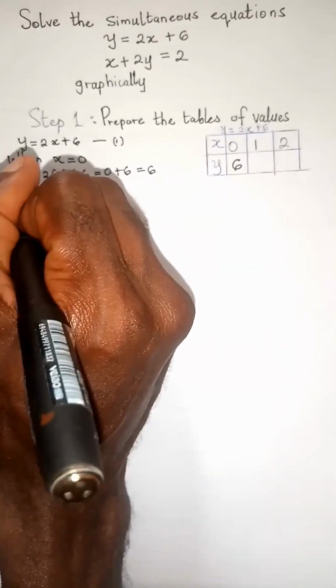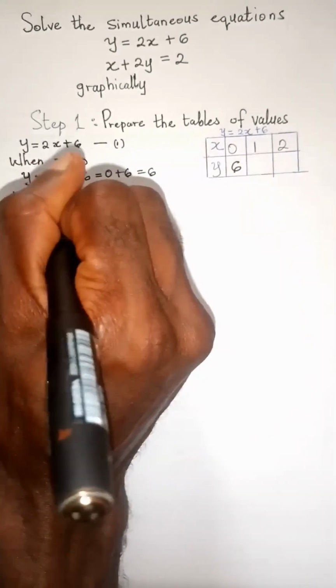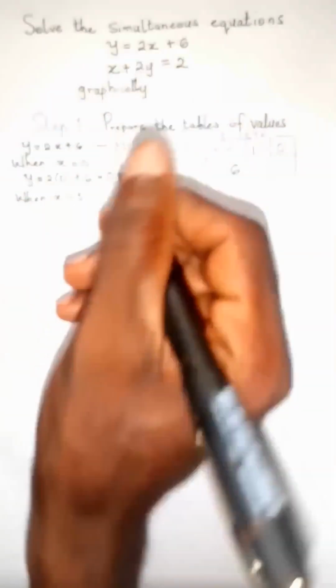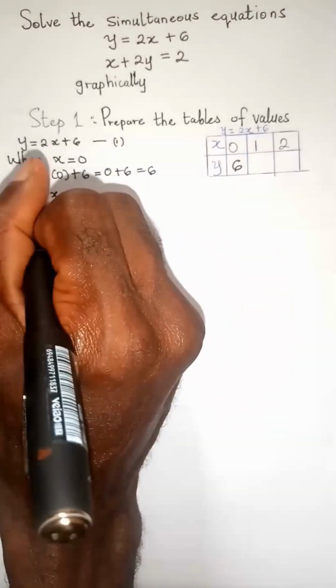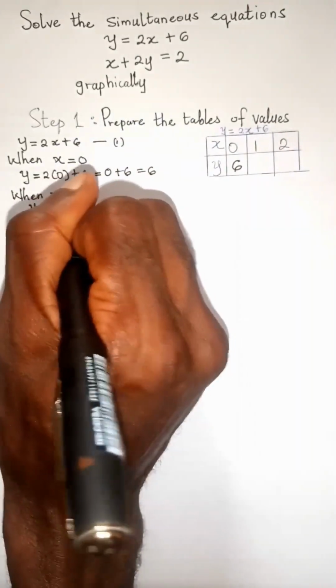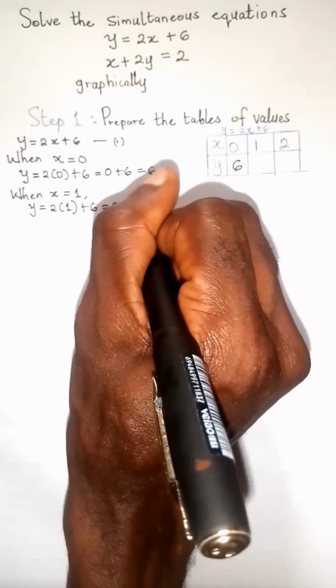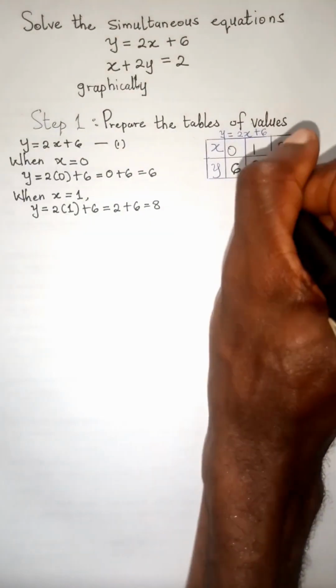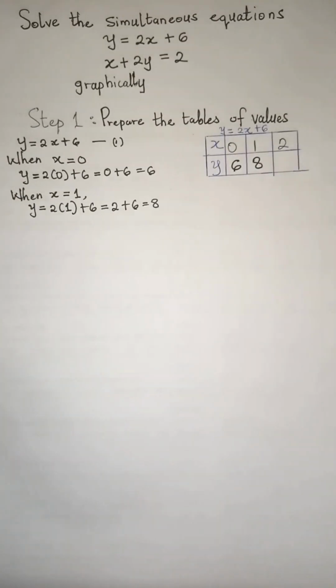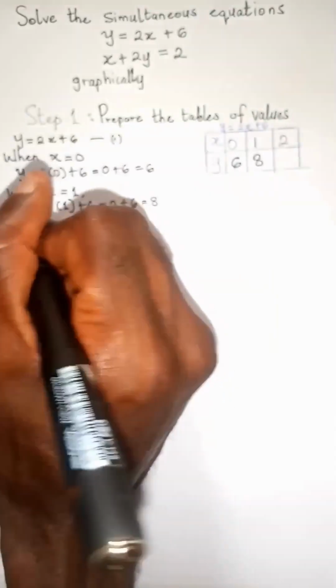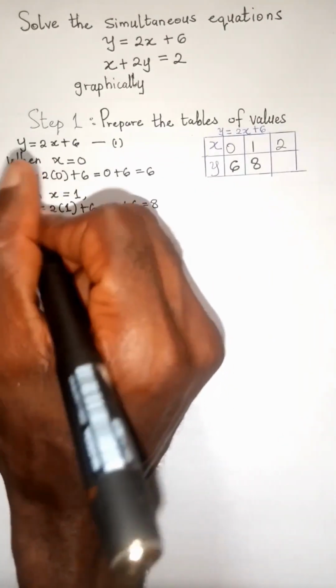We try when x is 1. Now when x is 1, the equation becomes 2 times 1 plus 6, which is 8. When x is 1, y is 8.